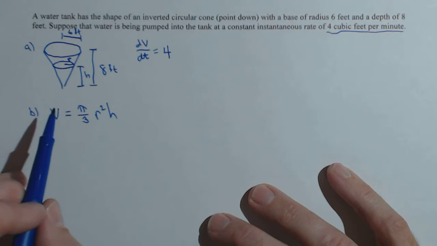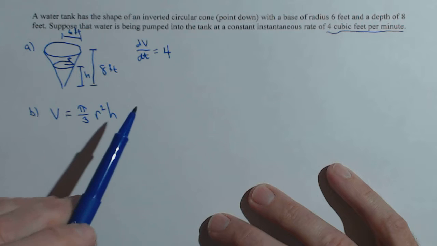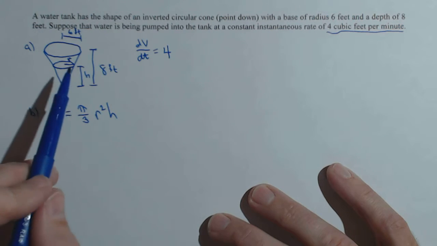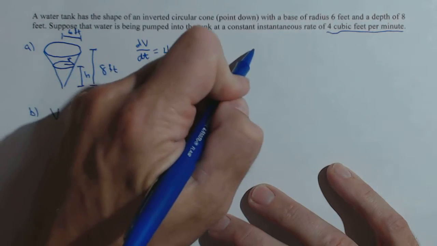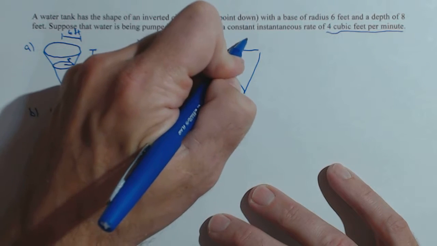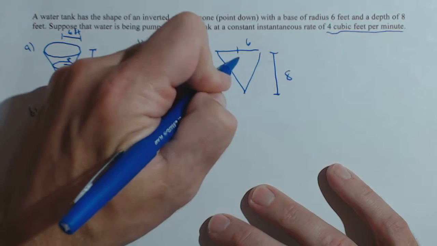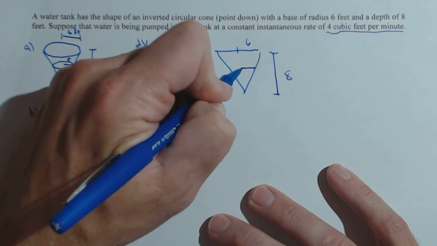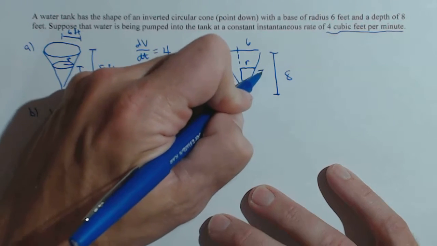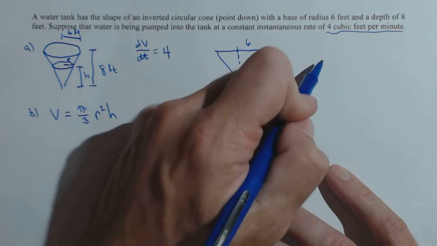Now what we want to do is get volume as a function of either r or h. So we're going to use the fact that if we look at our cone directly from the side, and we have a distance of 6 there and a height of 8, and then we've got another triangle in here, r and h, we have similar triangles, which allows us to establish a relationship.